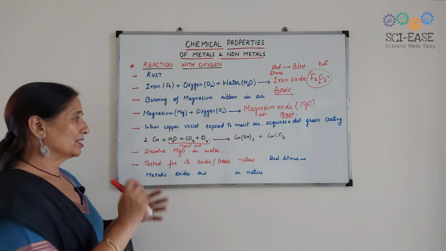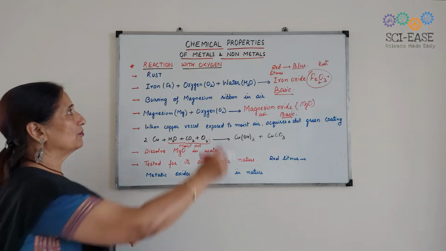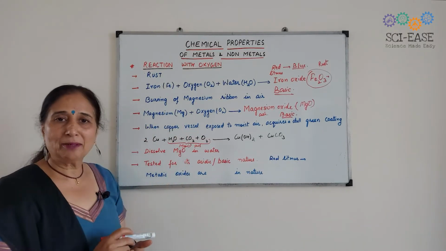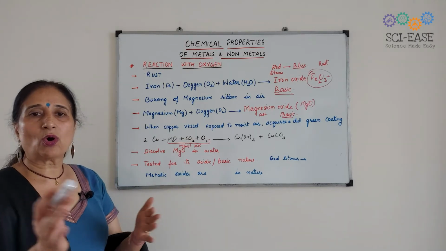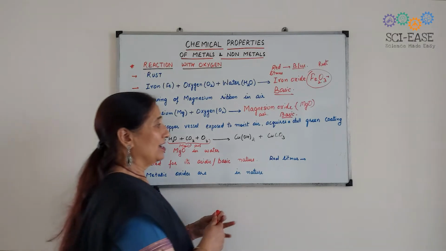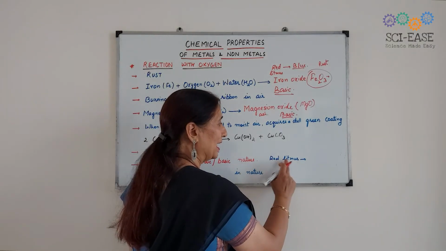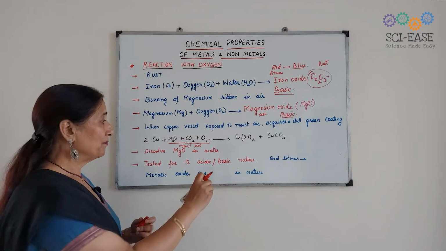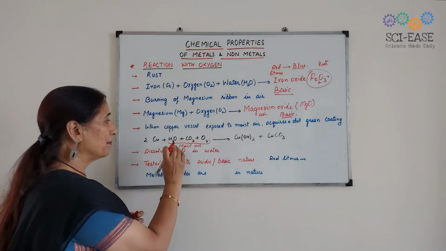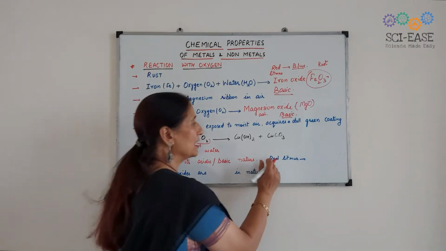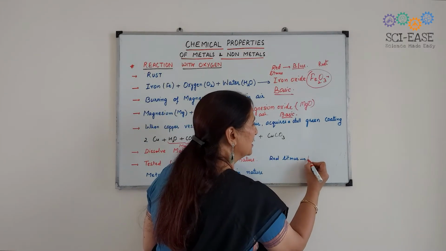we have performed the test for iron and magnesium, whether they form basic or acidic oxides. So, when red litmus paper is put in the solution containing this ash or magnesium oxide, the result is that red litmus turns blue.